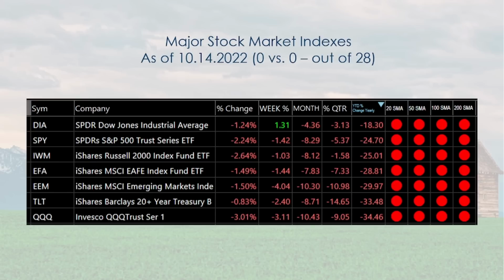The S&P 500 down 24.7. The Russell 2000 small cap index down 25%. The developed markets down 28. The emerging markets down 29, almost 30. And the long-term government bond, as I said earlier, down 33.4. And the NASDAQ 100 down 34% year to date.